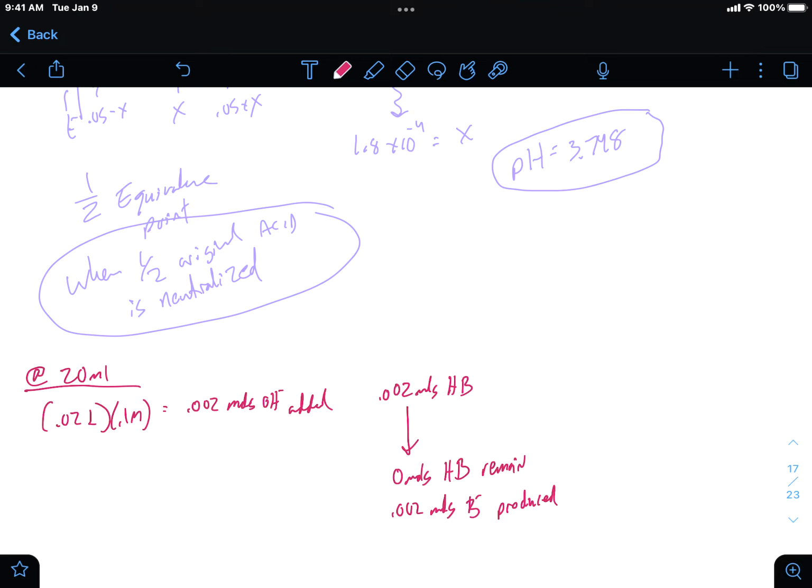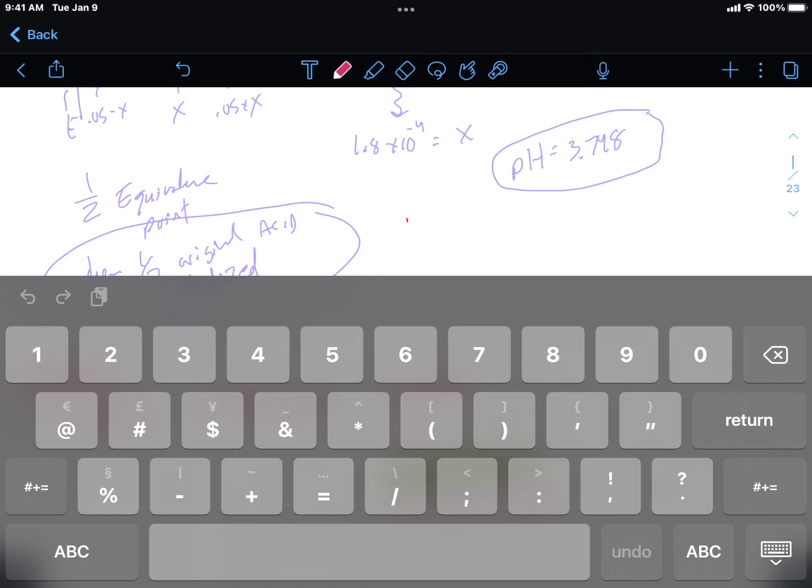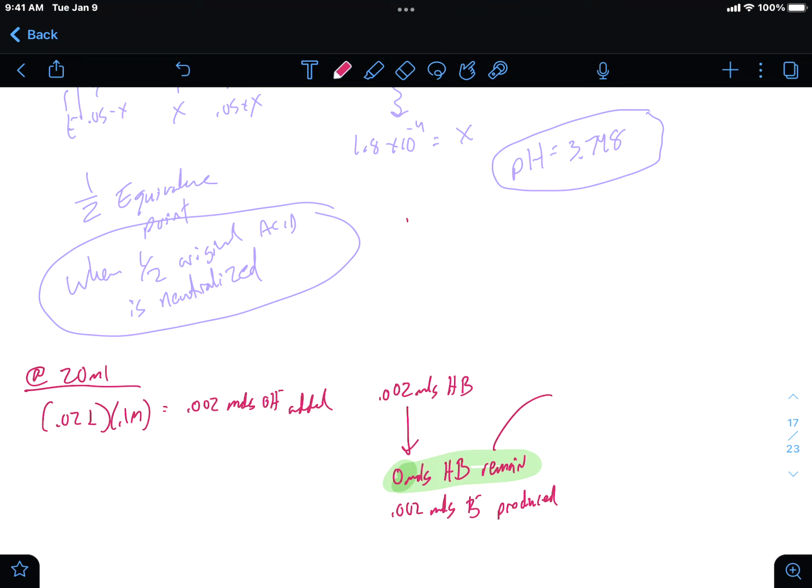This is no longer a buffer. When this happens, we say buffer capacity has been exceeded.